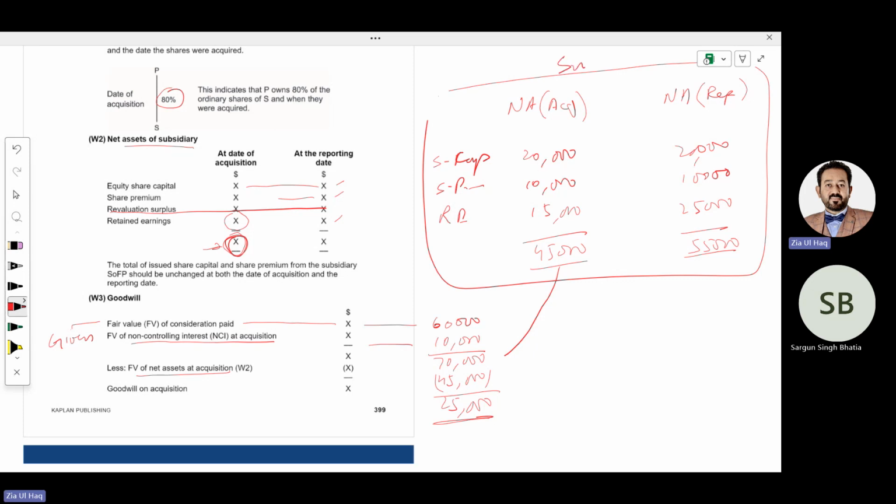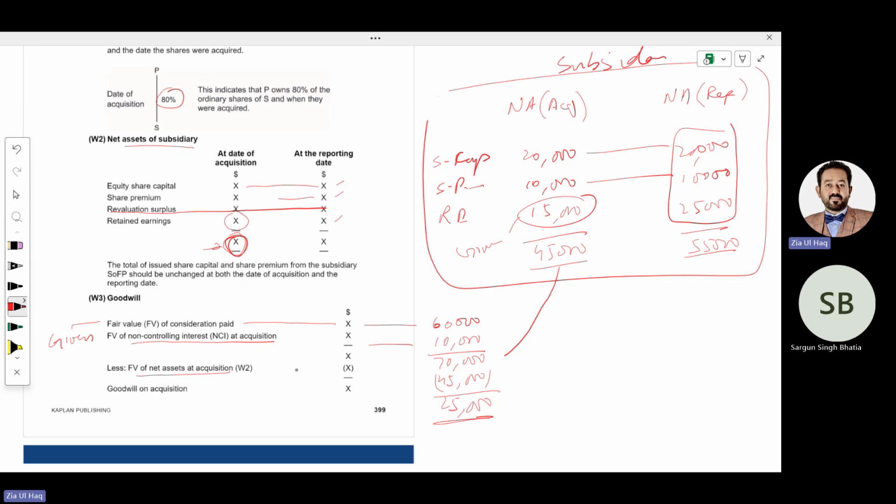These are the results of the subsidiary only. We don't need to include parent company results here. These figures will be given in the question, in the balance sheet. This will remain the same, so we will copy them, and this will be given in the question separately. So in case your holding is 100%, how to calculate goodwill?